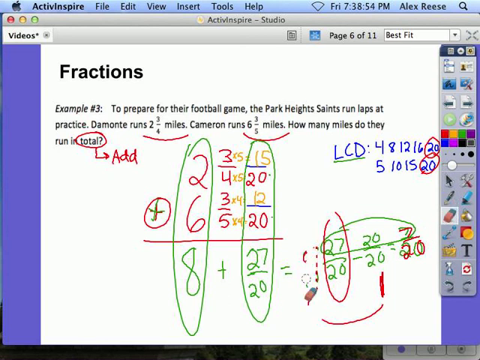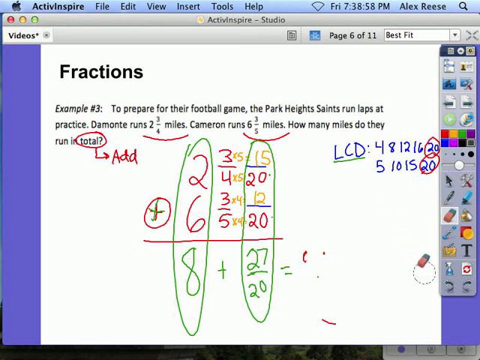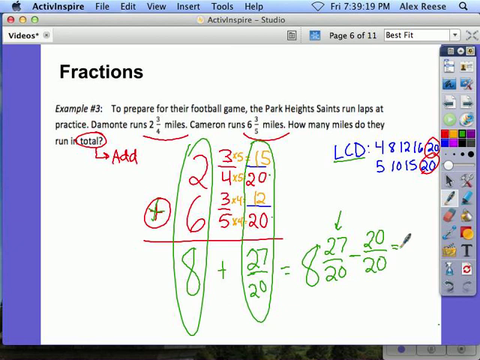Let me clear this out so that we see this again. When we added it together, we got 8 and 27/20. We knew that was wrong, so I need to separate out one whole from this improper fraction. One whole would be 20/20. So I do this quick subtraction problem. The dumb denominator stays the same. 27 minus 20 is 7.